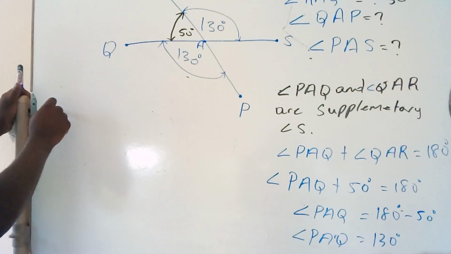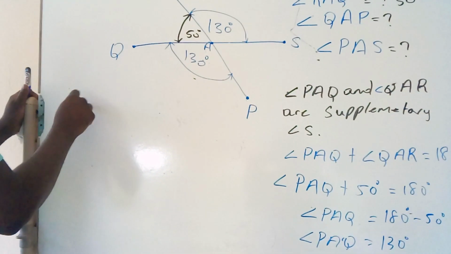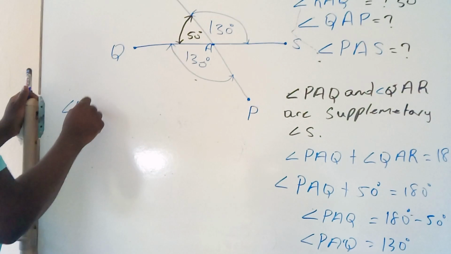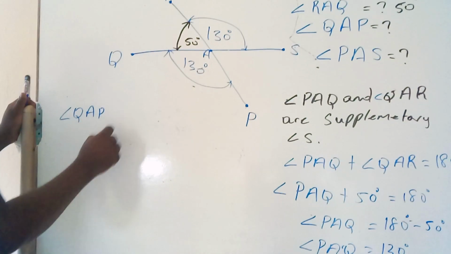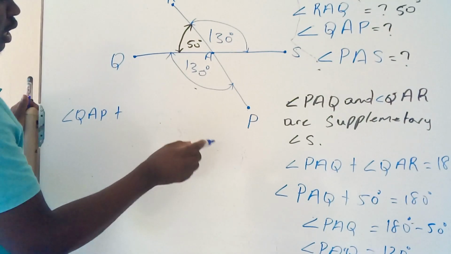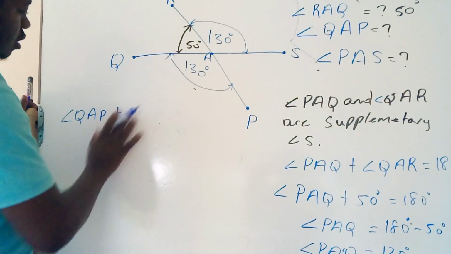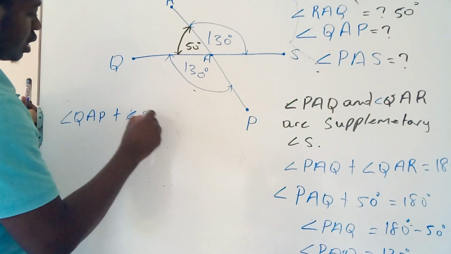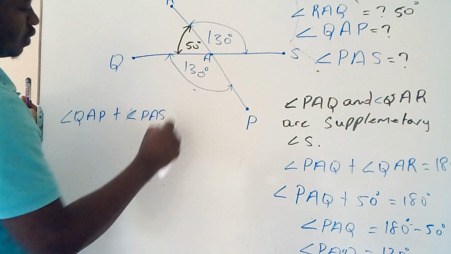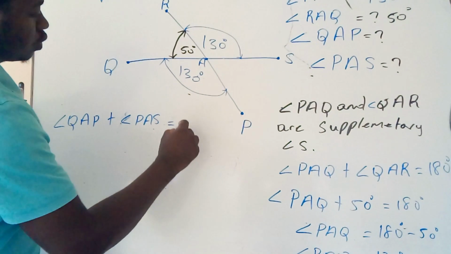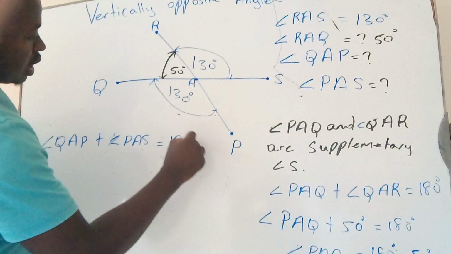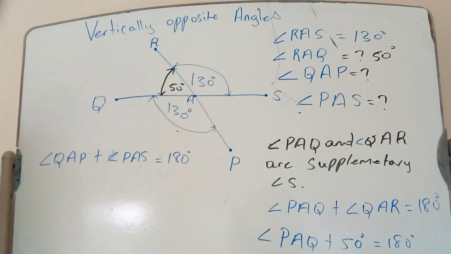So therefore, angle QAP plus angle PAS is equal to 180 degrees.